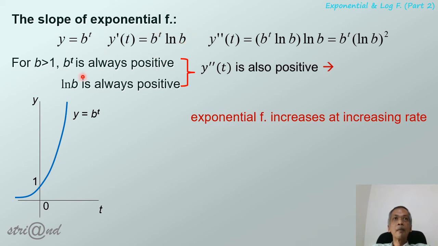It shows that y increases, and the second derivative is also positive. It shows that the first derivative, the slope of this exponential graph, increases. So we can conclude that an exponential function, this is the exponential graph, increases at an increasing rate.